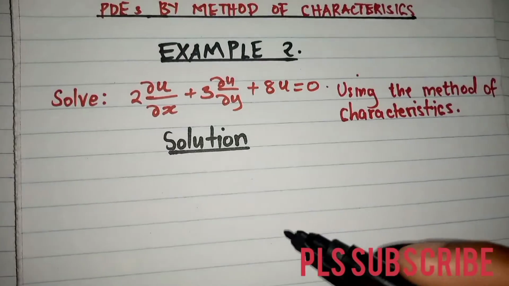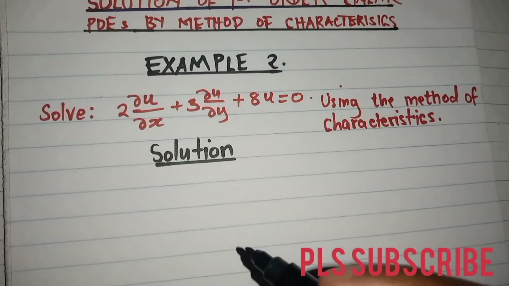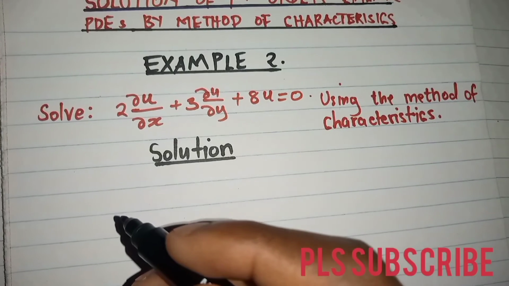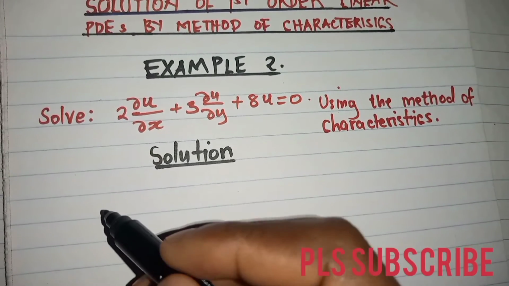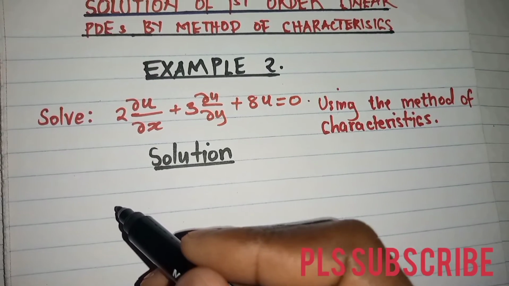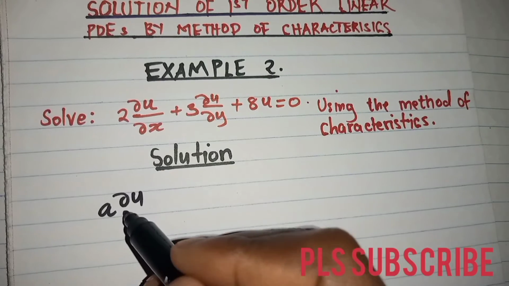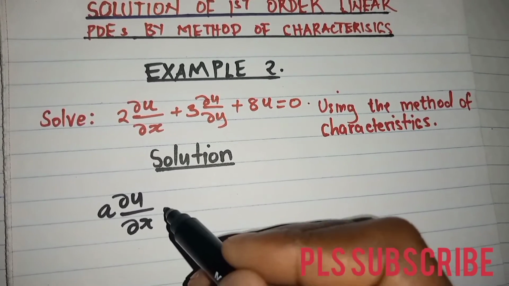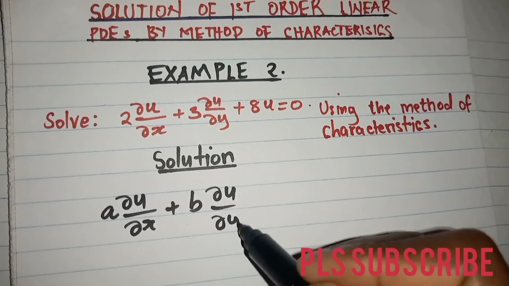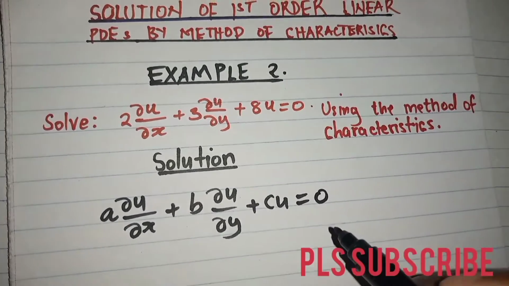looking at a general case of first order linear PDEs that we looked at in our previous lesson. So a general case of a first order linear PDE is given by a partial of u with respect to x plus b partial of u with respect to y plus cu is equal to 0.